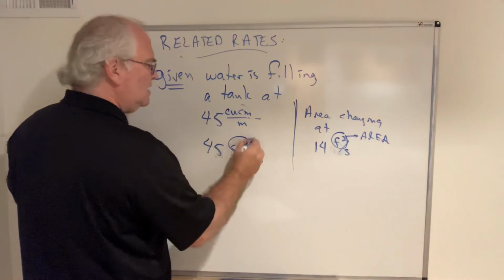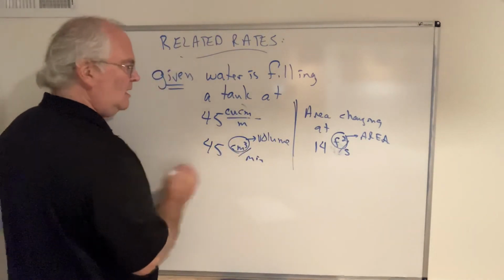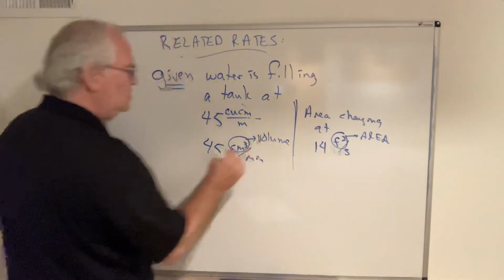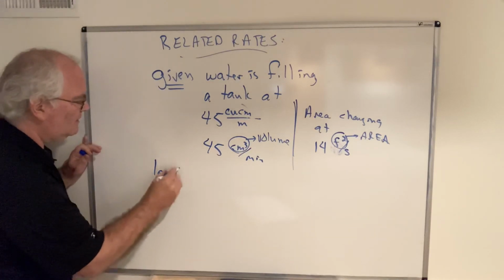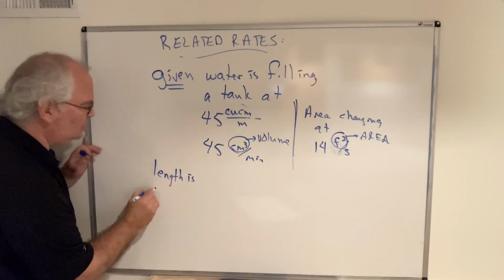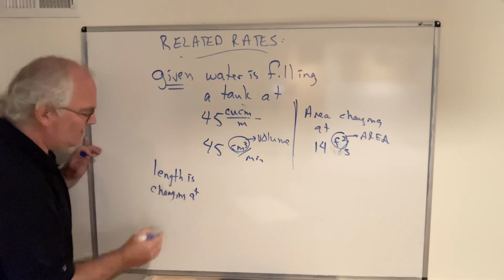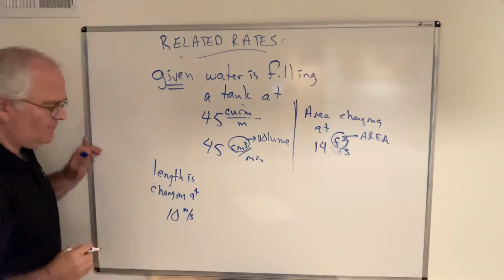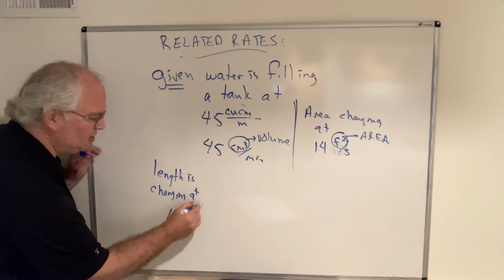Square units measure area. Cubic units measure volume. And suppose we're given the length is changing at, let's say, 10 meters per second. Meters to the first power measures length.